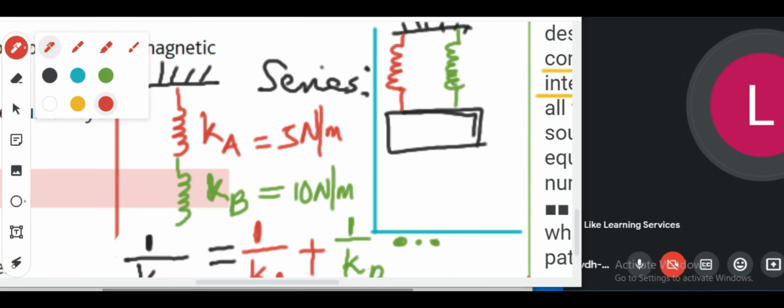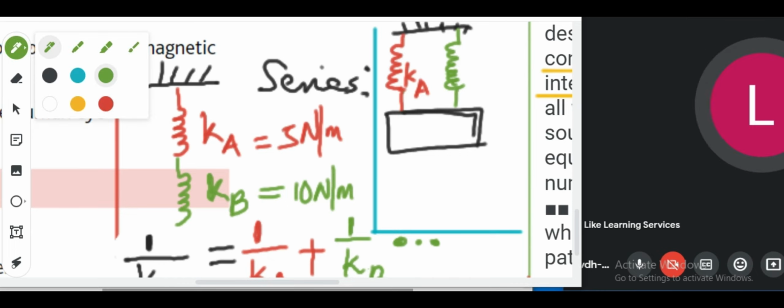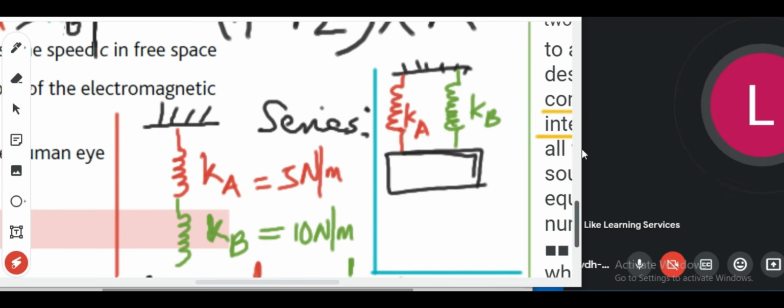The spring constant of the one in red is Ka. The spring constant of the one in green is Kb. When connected in parallel like this, that's across each other, not end to end like in series. This is for parallel.